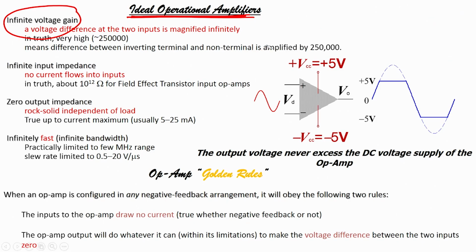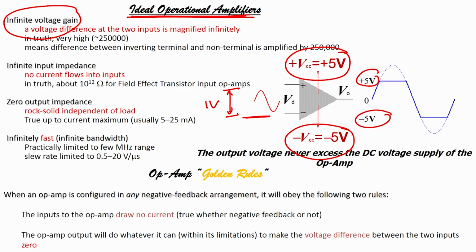What is the supply voltage? Your plus VCC, your minus VCC. So, even if your input is small, let us say 1 volt, the maximum output that I can get is, you see, 5 volts, minus 5 volts, a little bit less than that, which you will see in the experiments also.